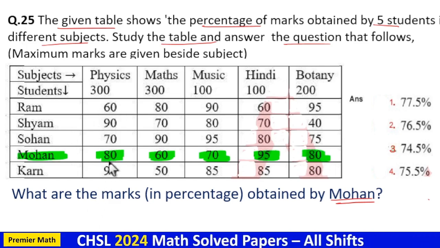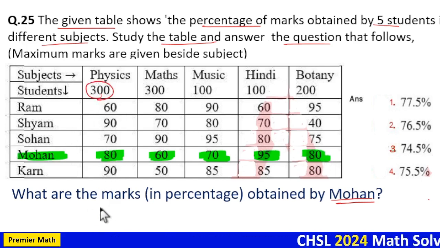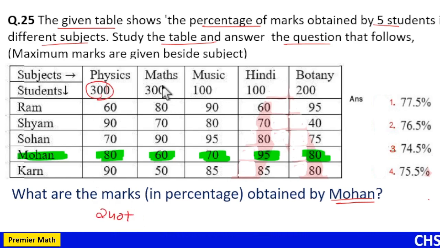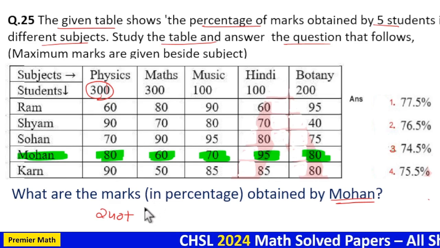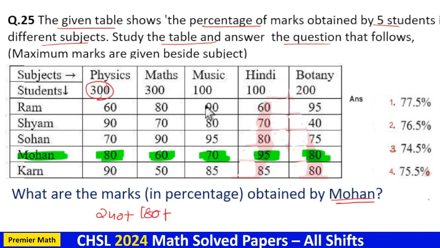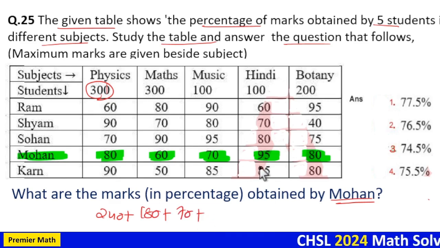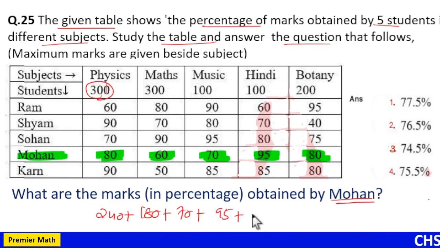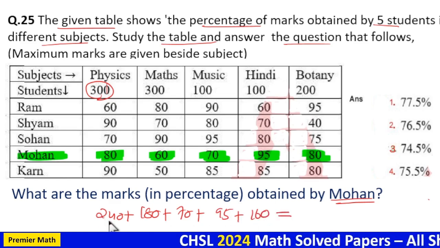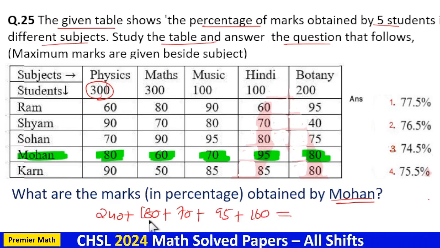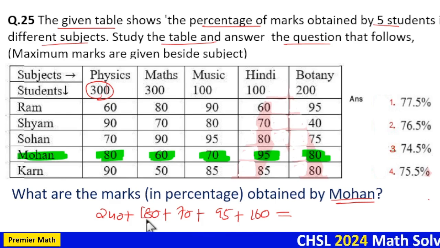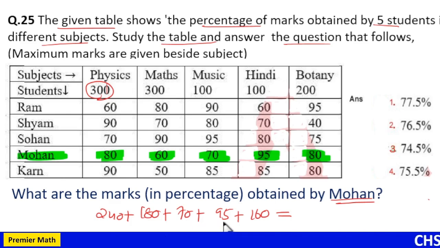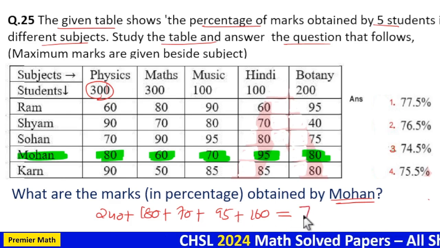So here 80% of 300 is equal to, 10% is 30, so 80% is 240, plus 60% of 300, 30 into 6, 180, plus 70% of 100, 70, 95% of 100, 95, plus 80% of 200, 160, which is equal to 240 plus 160, 400, 400 plus 180, 580, 580 plus 70, 650, 650 plus 95, 745.